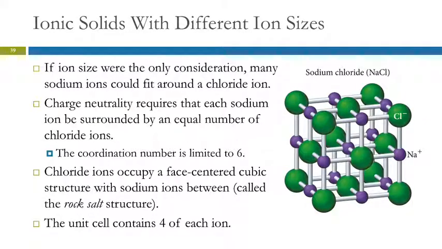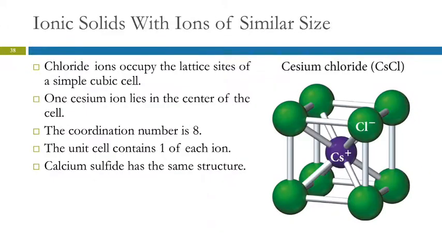A moderate size difference, we're going to get this simple cubic cell. I'm sorry, that's not the simple cubic. I thought it was on a different slide. Sorry, rock salt. Ions of different sizes, but the difference isn't that big. Rock salt structure. And this is ions of similar size, the simple cubic.